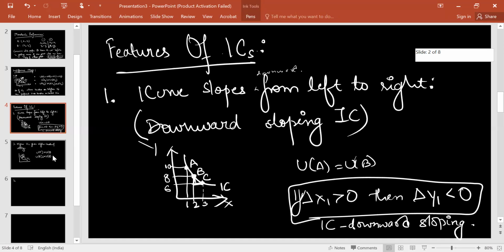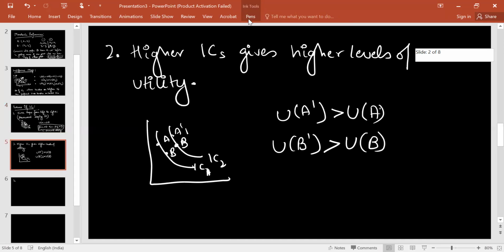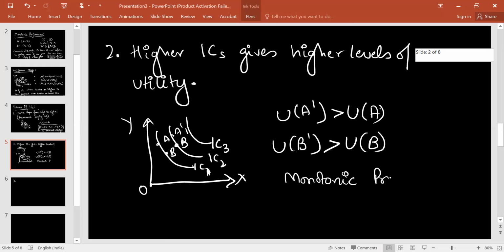And if we move from one indifference curve to another, I'll draw another. That is because of the monotonic preferences assumption that we have taken.